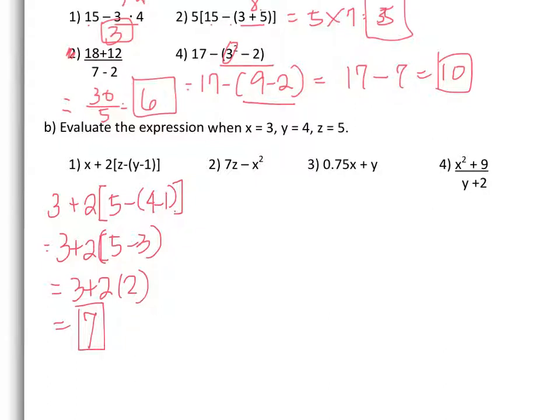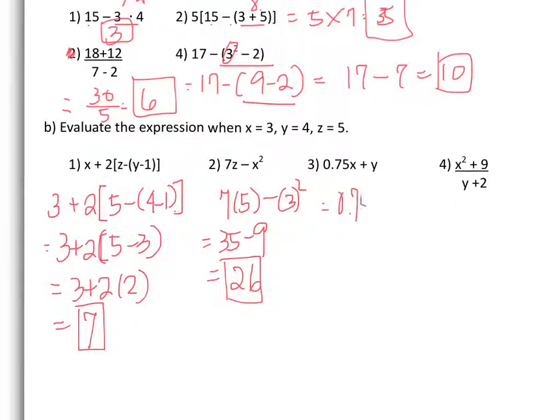For the next one, I'm going to substitute 5 for z. 35 minus 9 is 26. And here we have 0.75 times 3 plus 4.